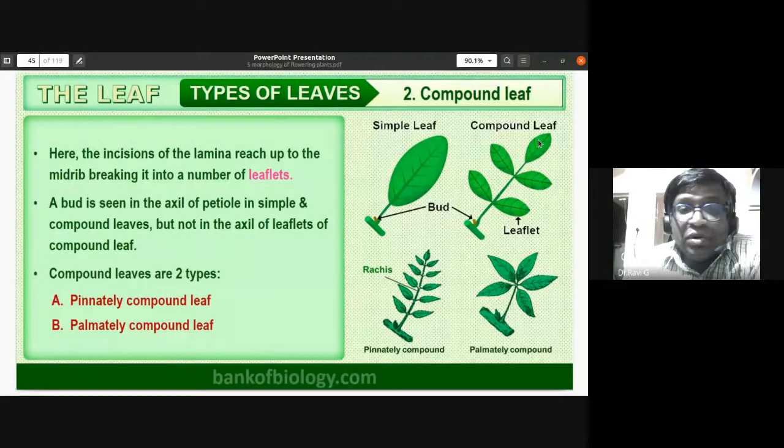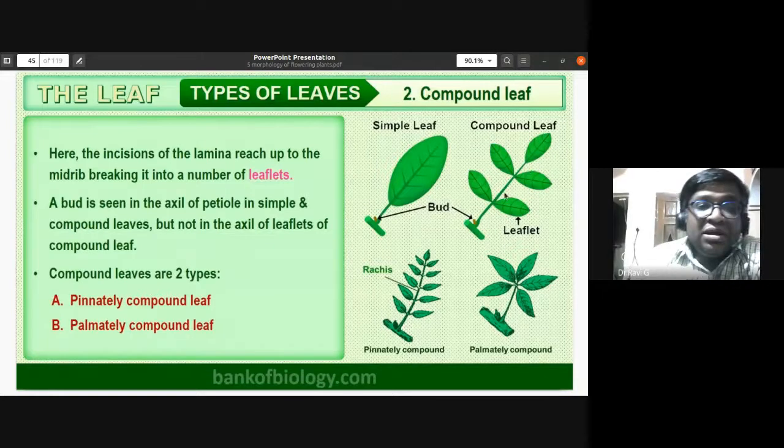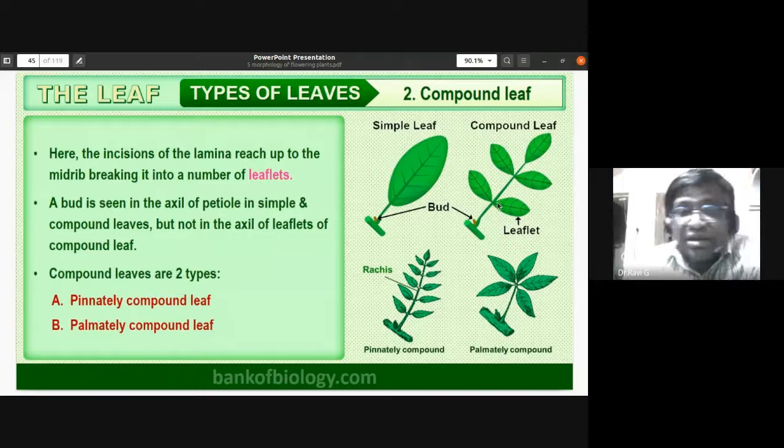In case of compound leaf, the bud is found only at the axil of the petiole, but this bud is not noticed in axil of leaflets. They are noticed only at the base of the petiole, not in the axils of the leaflets. So that is noticed in case of compound leaf.